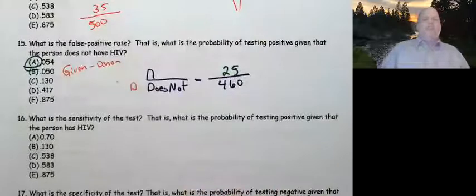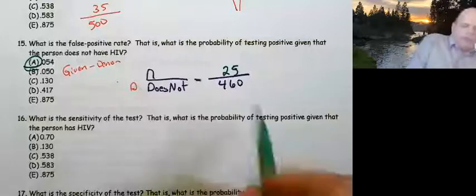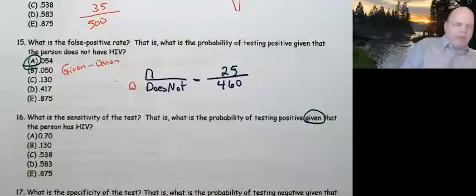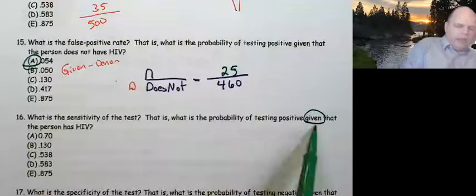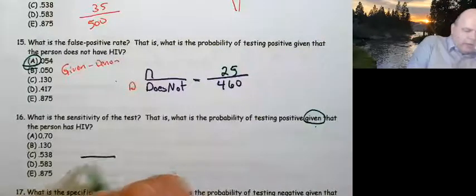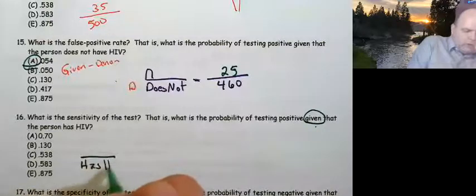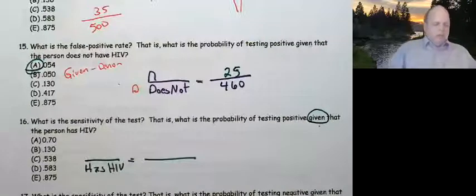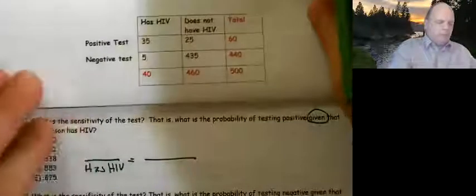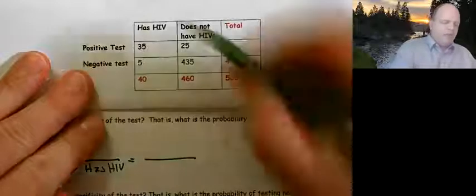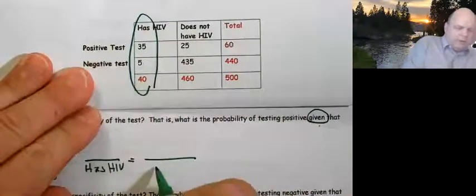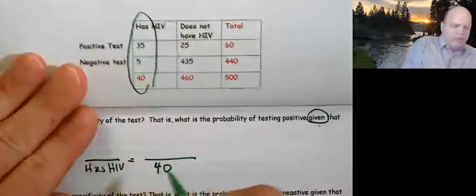What is the sensitivity of a test? That is, what is the probability of testing positive? Here's that keyword given, denominator word, that the person has HIV. Given they have HIV, so I'm going to use my little chart here. Has HIV is right here. So my denominator is, there's 40 of them that have HIV.